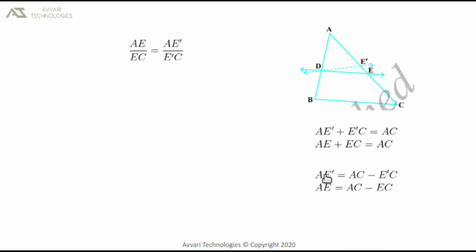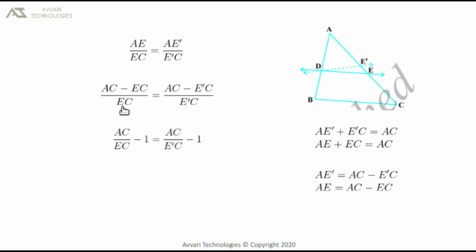Now we will replace these two cases in our arrived equation. AE is replaced with AC minus EC from here, and AE dash is replaced with AC minus E dash C from here. Now we will divide individually with EC on the left hand side. This becomes AC divided by EC minus EC divided by EC, which is nothing but 1.